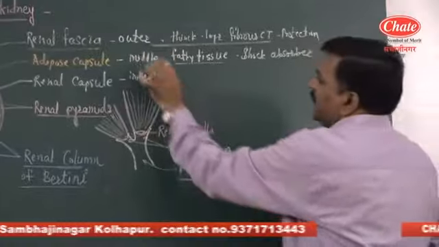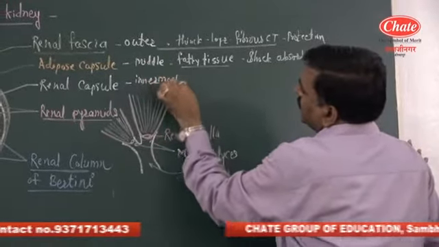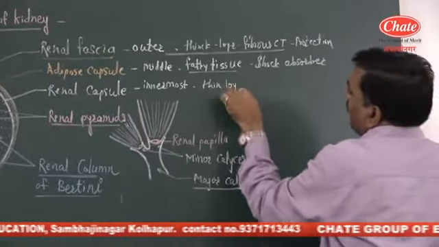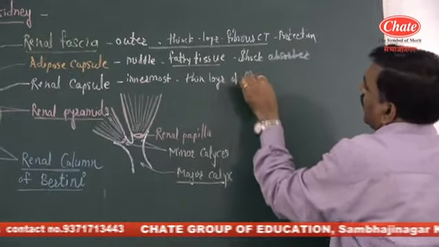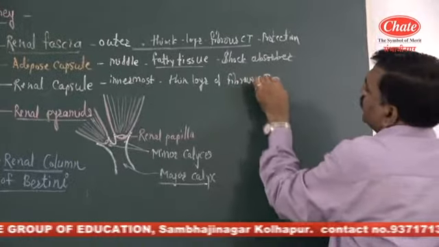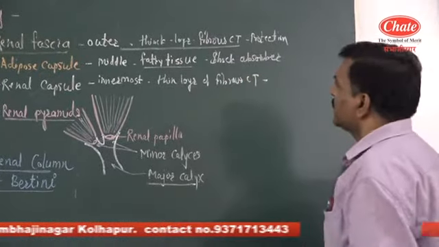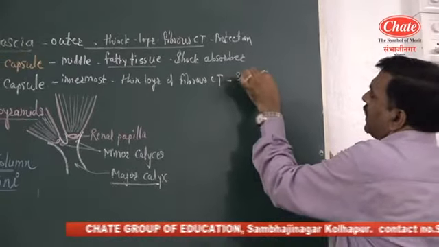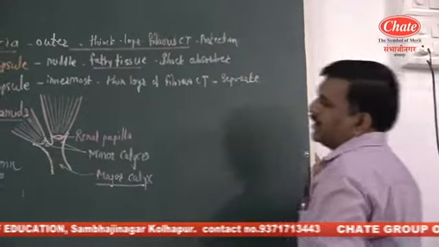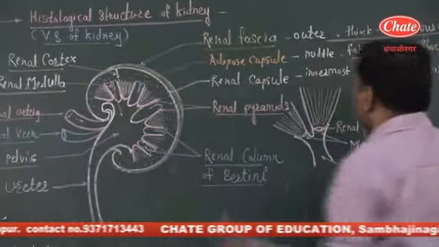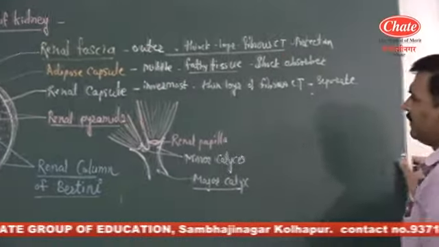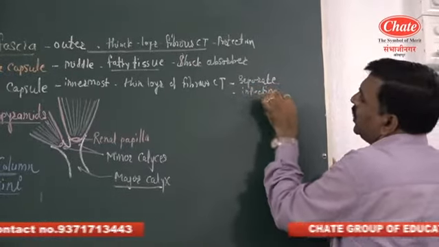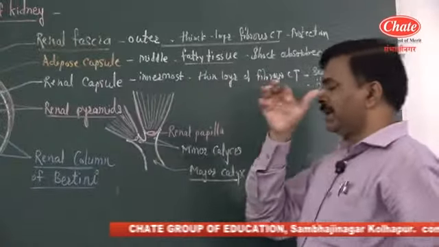Renal capsule is the innermost layer, a thin layer of again fibrous connective tissue. And its most important function is that it separates the kidney from the ureter and prevents the kidney from infection. So this is the function performed by the renal capsule.